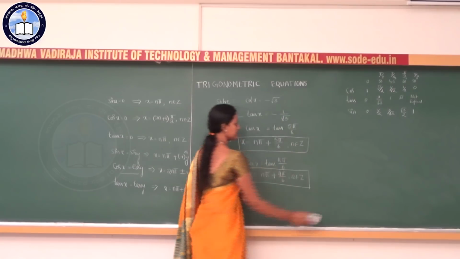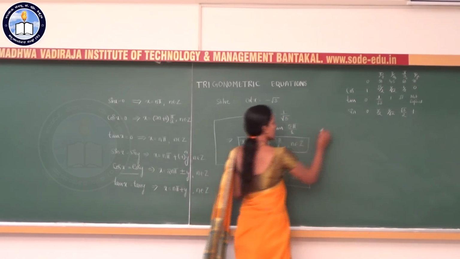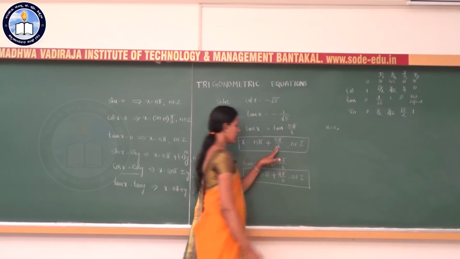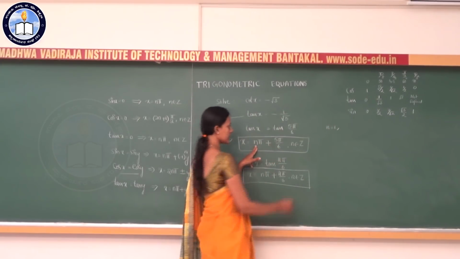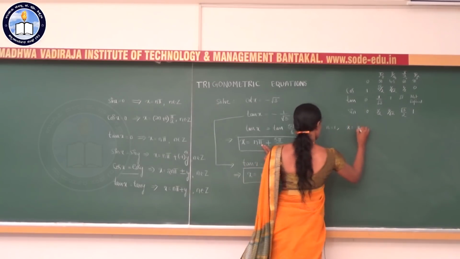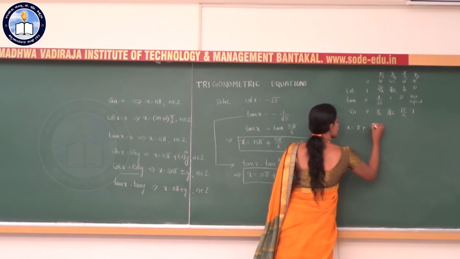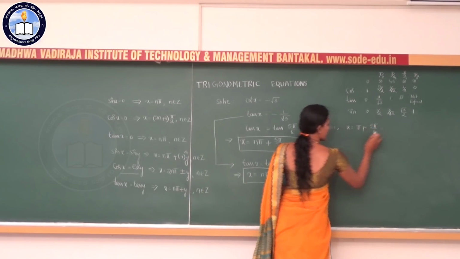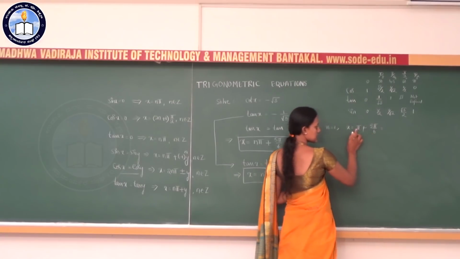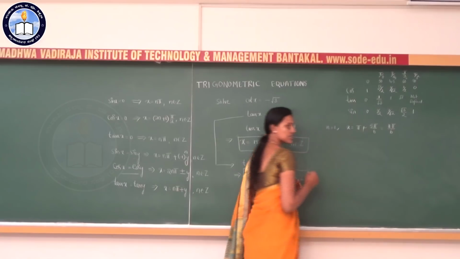That is, if I substitute n is equal to 1 in the first equation, we get x as 1 into pi, that is pi, plus 5 pi by 6. And what is this sum? 6 pi plus 5 pi is 11 pi by 6.